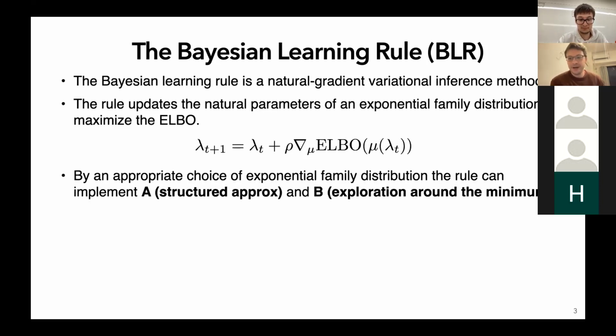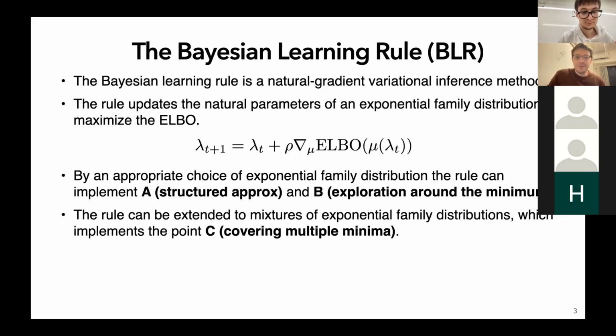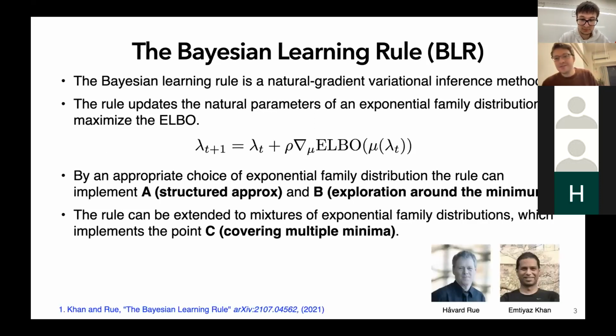By an appropriate choice of exponential family distribution, the rule can implement, for example, structured approximations and, due to its VI nature, also provide exploration around the minimum. The rule can also be extended to handle mixtures of exponential family distributions to also cover multiple minima.